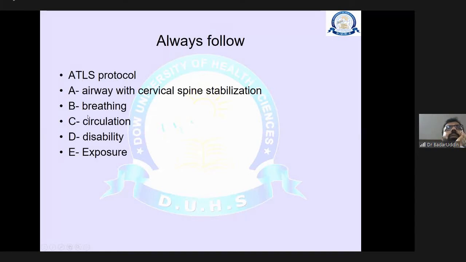A drop in blood pressure and an increase in pulse rate are indicative of shock. A pulse of more than 140 is suspicious of grade 3 shock. And blood pressure less than 90, you must assume that this patient is having grade 3 shock.